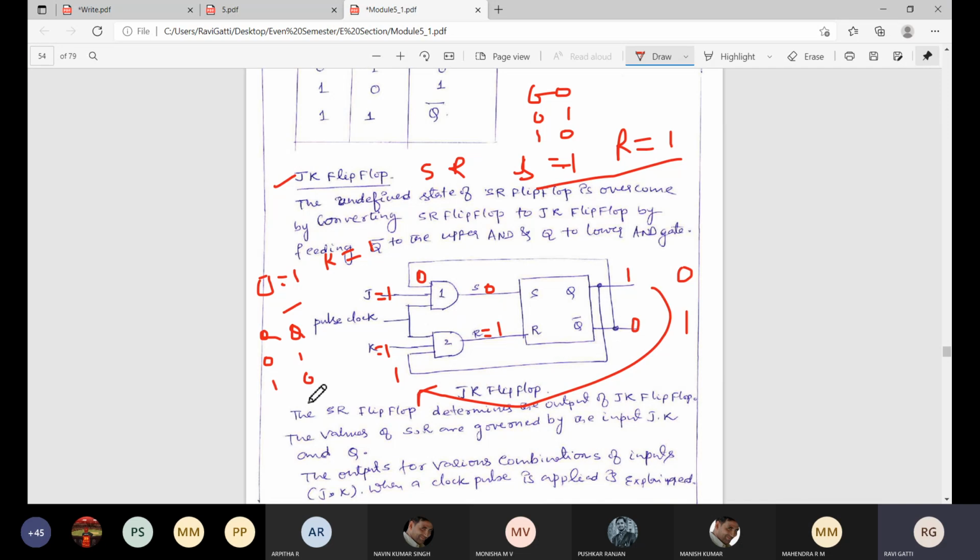When J is equal to 1 and K is equal to 1, the output will toggle. Toggle means 1 will become 0, 0 will become 1, 1 will become 0, 0 will become 1. That condition we call the toggle condition, and it happens in the JK flip-flop.